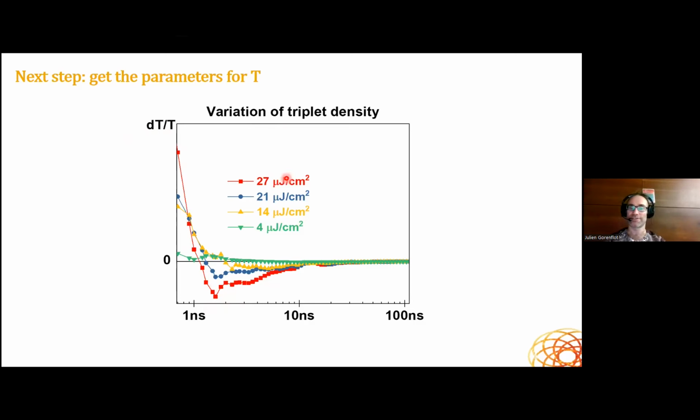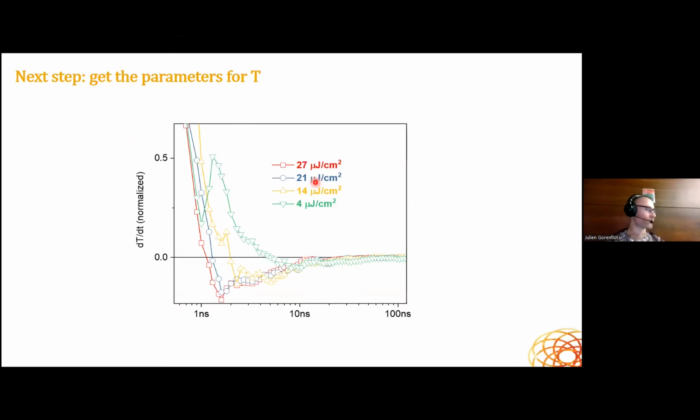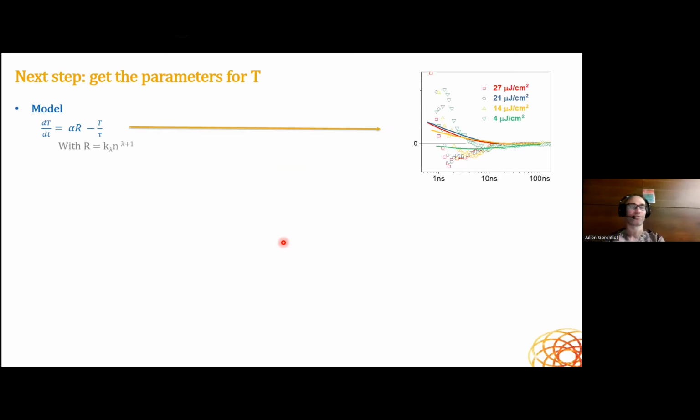We tried, of course, different light intensities because different phenomena may have different weights depending on how intensively you excite. And because we didn't want to underweight the result from low light intensity, we normalized our decays. So that's what we're going to try to fit. And we try different models.